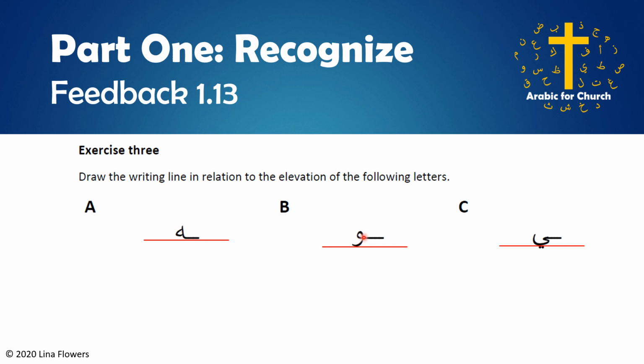So they have this kind of narrow curve, so that takes up space vertically, and the letter starts here at the top, so the connector comes above the line. And then you have the ya, also the connector is above the line. There's some space between the line and the connector for ya.